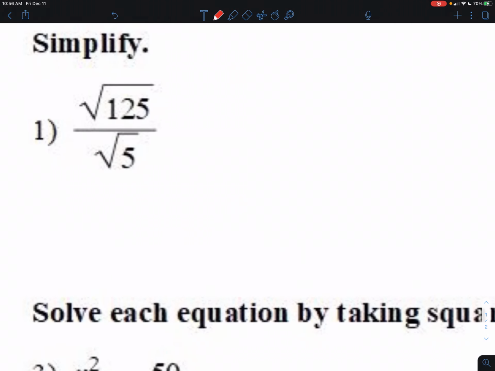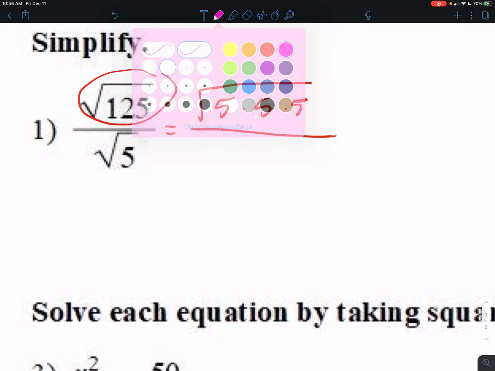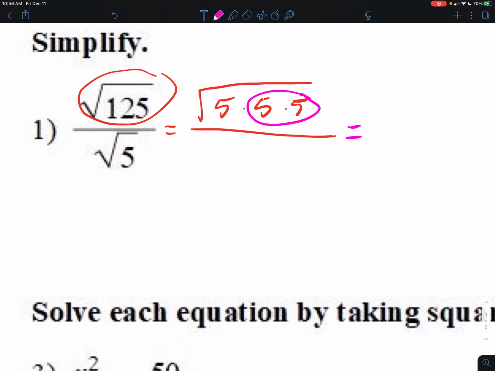Okay, so we have to simplify the square root of 125 over the square root of 5. So let's take care of the top first here. We can factor 125 into 5 times 5 times 5. And we have a pair of 5s here, so we could take a 5 out and leave the 5 in.